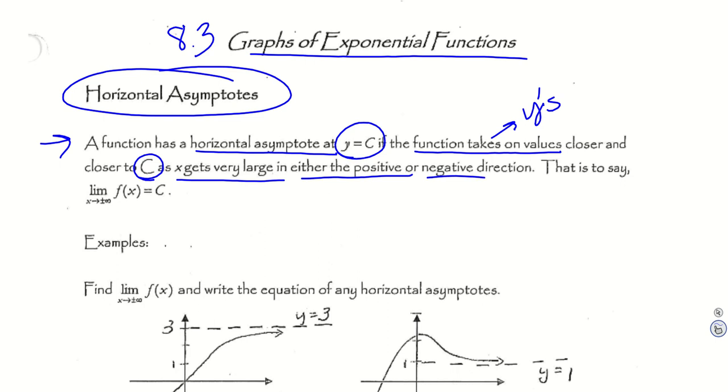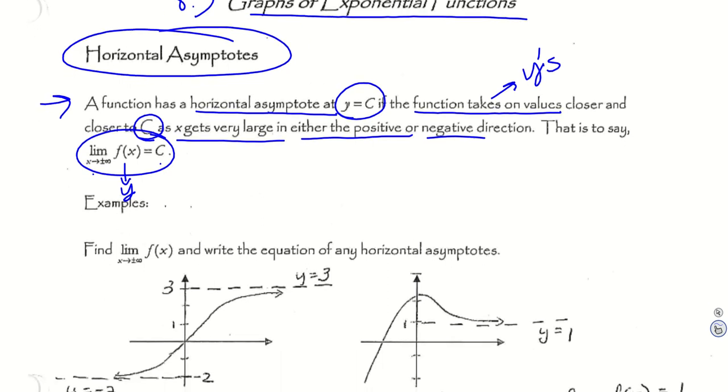We say that mathematically in this way: the limit of f of x, where f of x is the y coordinate of a point, will equal c as x goes to positive or negative infinity. Let's look at a graphical example of that idea.